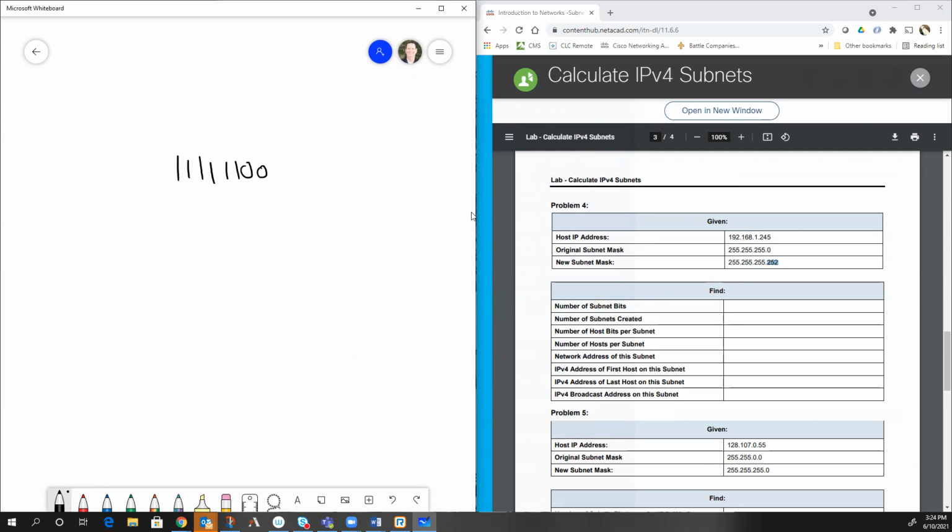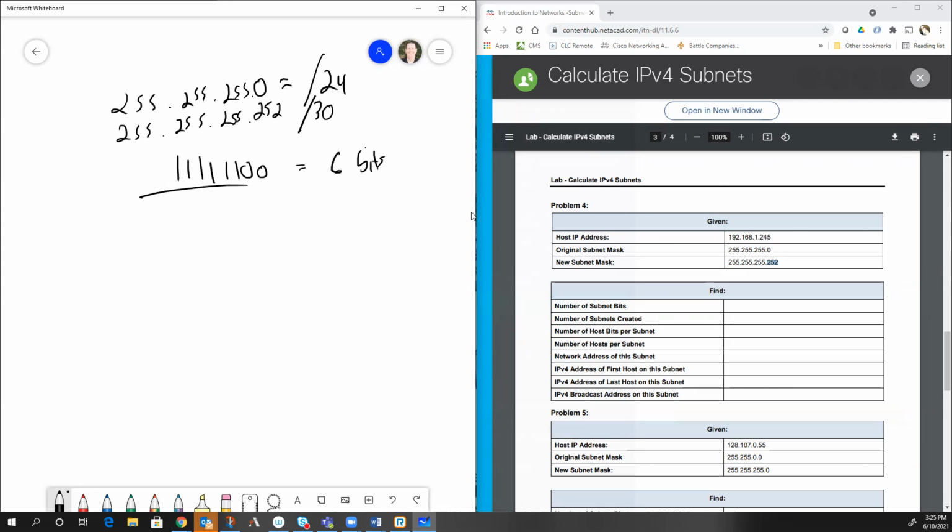So if we have 255, we started with 255.255.255.0, which equals a 24-bit mask. So that would have been a /24. We're changing to 255.255.255.252, which is now going to be a /30. What's the difference in bits here? 6 bits. So we got 6 bits turned on in that new mask.